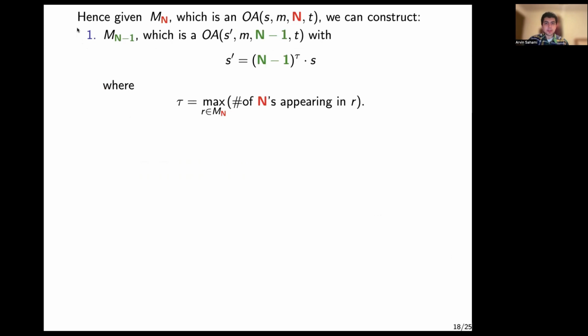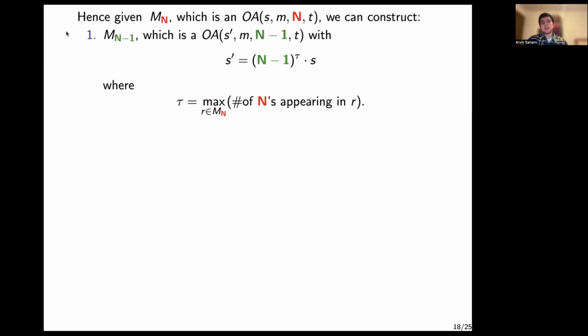While doing this procedure, it turns out that each row produces exactly (big N minus 1) to the tau new rows, where tau is the maximum number of letter N's appearing among the rows of the original orthogonal array. So here's our result.